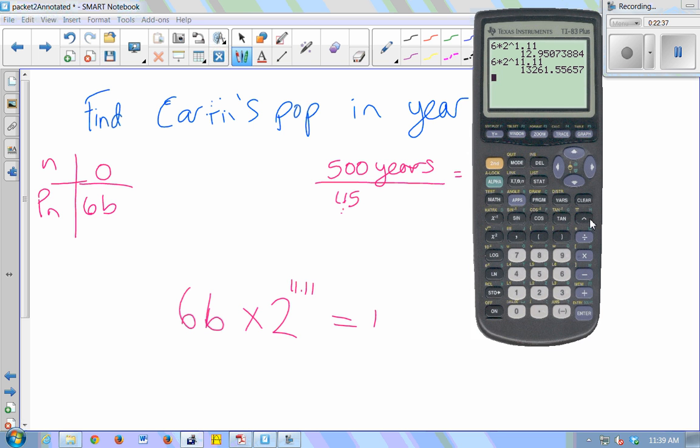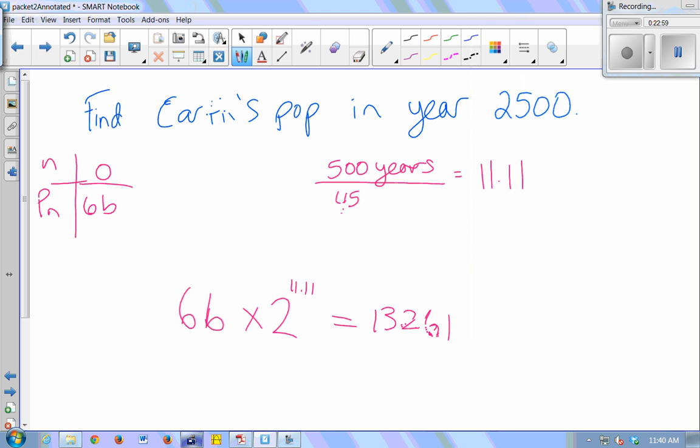So 13,261. I'm going to include the 0.6 because 500 million is quite a lot of people. Rounding to a whole number doesn't make as much sense when you're dealing with billions as with regular whole numbers. So I'll put 0.6 because that's another 600 million people. So that's billions.